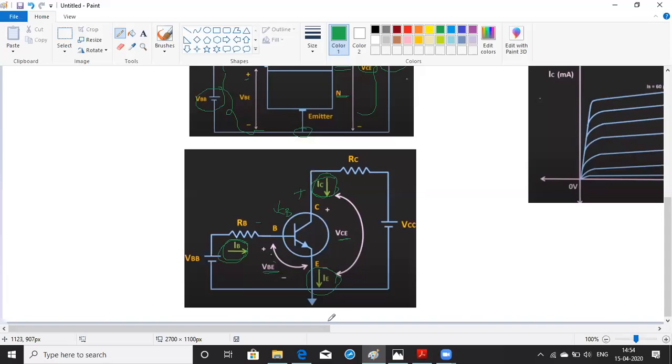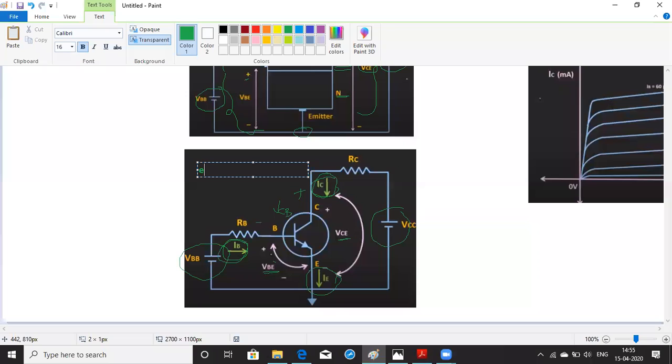Now we will try to draw the characteristics. I have already told you this is the same combination. We made the emitter base junction forward biased and the collector base junction reverse biased. Here also we have done the same thing.